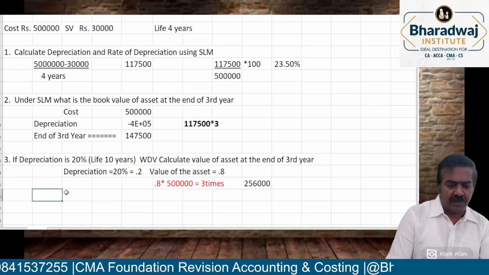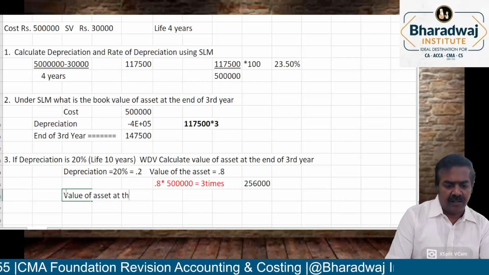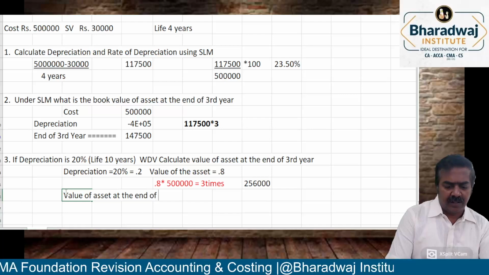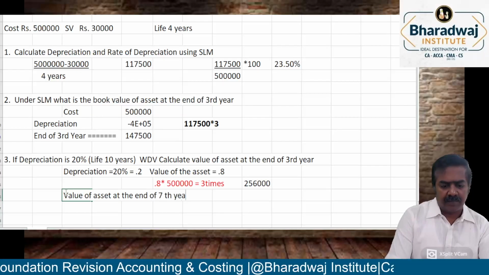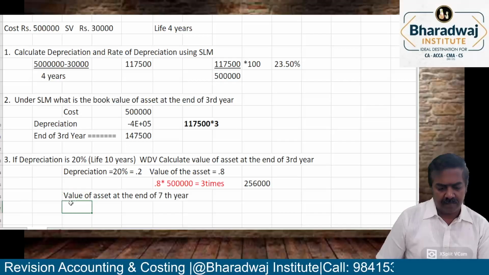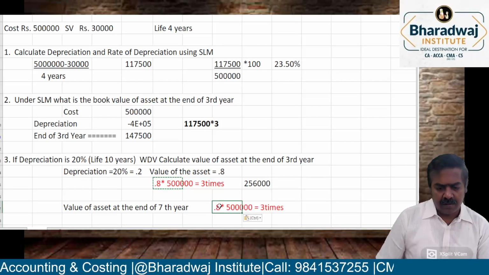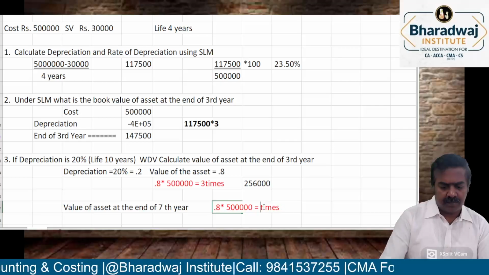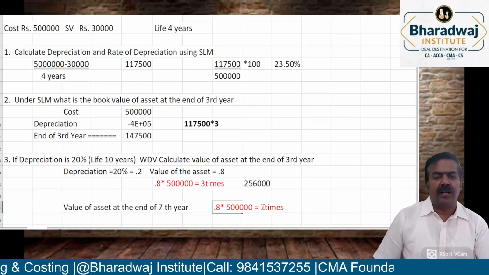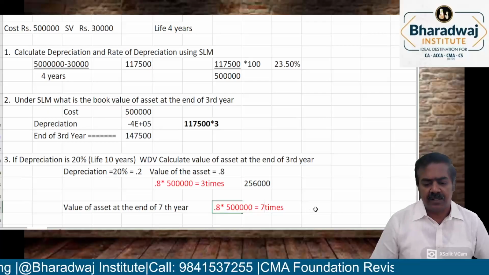Suppose if they ask you value of asset at the end of 7th year, 7 times you multiply. 0.8 into 5 lakhs, press equal to symbol for how many times? 7 times.